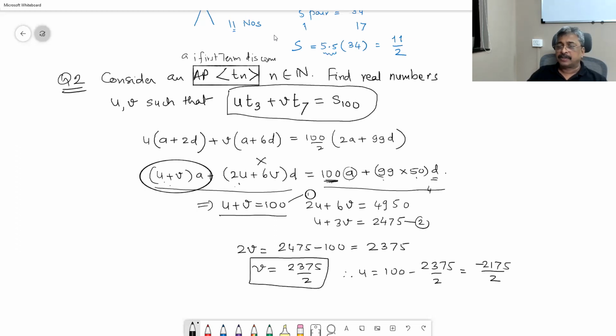That is fixed. We cannot change that. So A in LHS has exactly the same value as A in RHS. D in LHS has exactly the same value as D in RHS. Therefore, if I want to create RHS, for whatever A and whatever D you fix, corresponding U plus V must be 100. Corresponding U plus 6V must be 99 into 50.